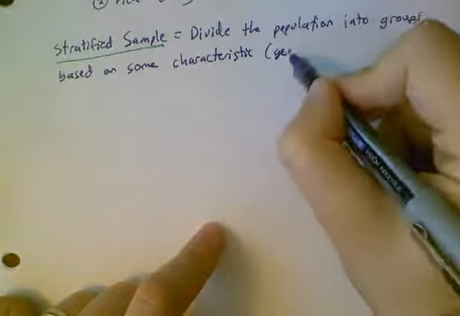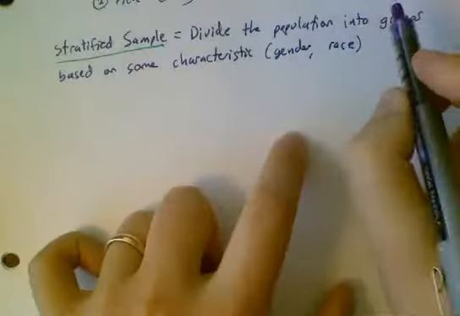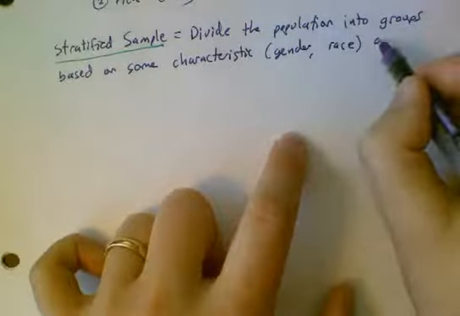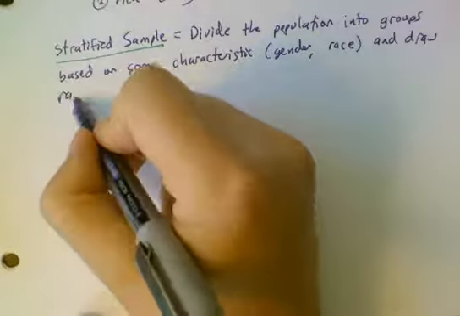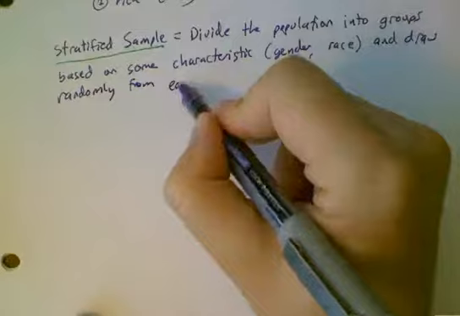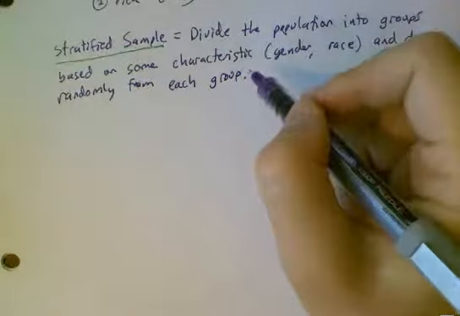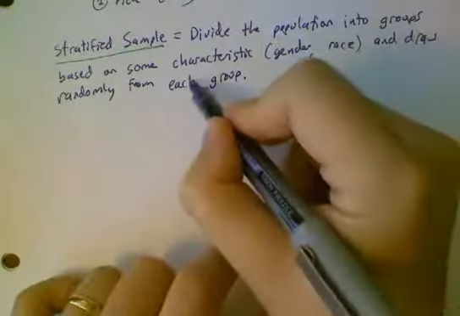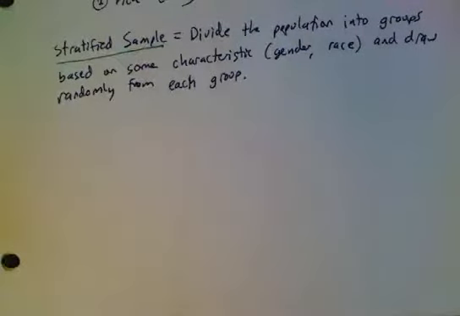So this could be gender, it could be race, something like that. And draw randomly within each group. So in this case, basically the two groups are sort of like two separate samples that we're taking. We take 8 from one, 8 from the other.